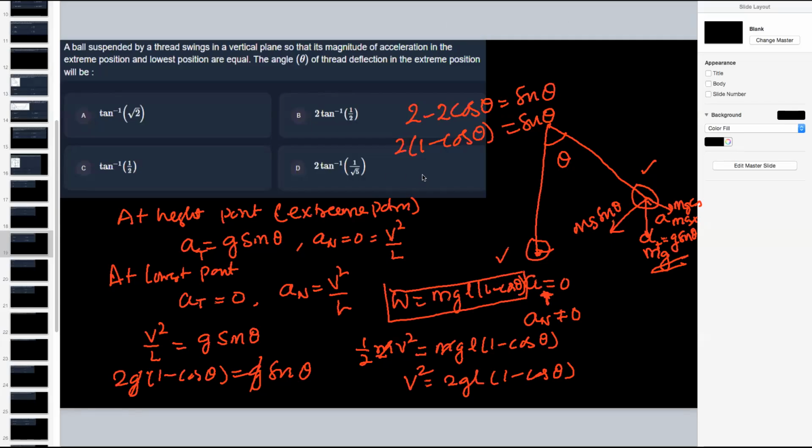Okay, 1 minus cos theta you can write as 2 sine squared theta by 2. And sine theta you can write as 2 sine theta by 2 cos theta by 2. Now one sine will get cancelled, so sine theta by 2 over cos theta by 2. You get tan theta by 2. This is equal to what you get?